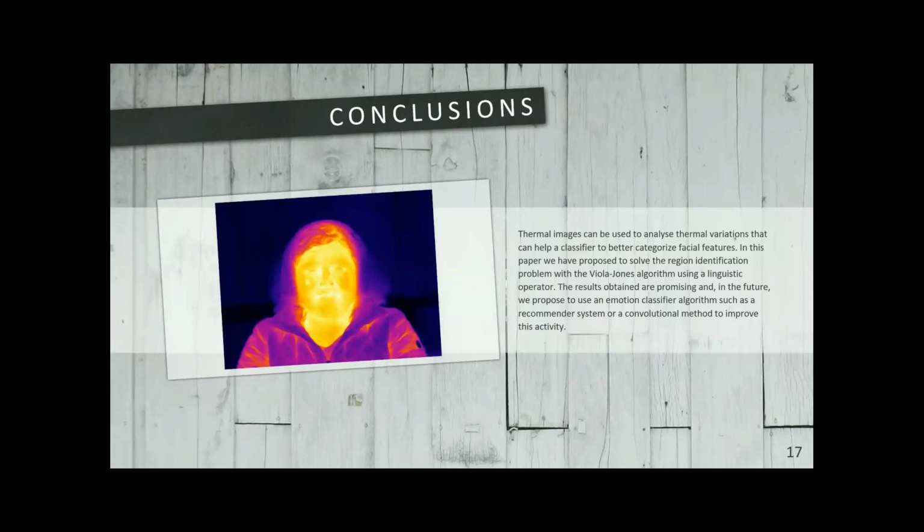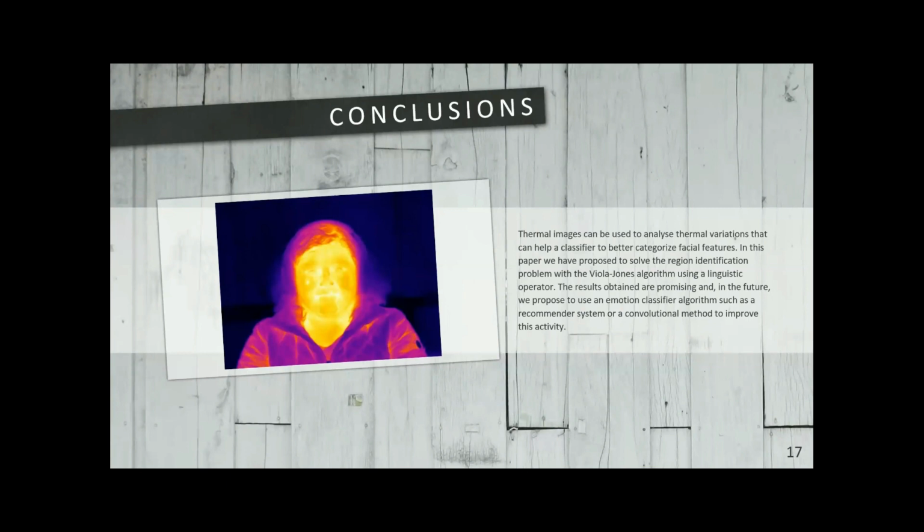As conclusions, the thermal image can be used to analyze the thermal variations, and we can get a better comprehension in the future of the facial features. So in this paper, we propose to work with this image because we can get better extractions than from the RGB image. The results were presented in the last slides.